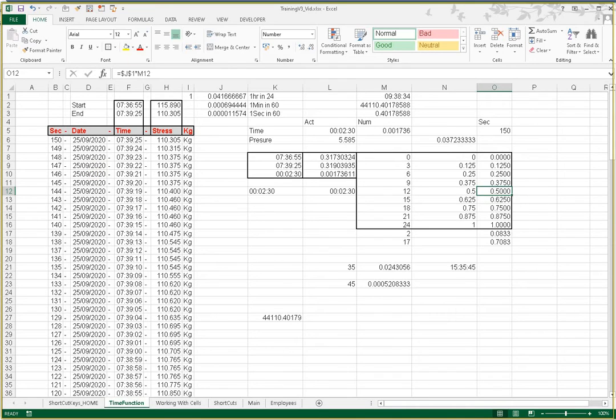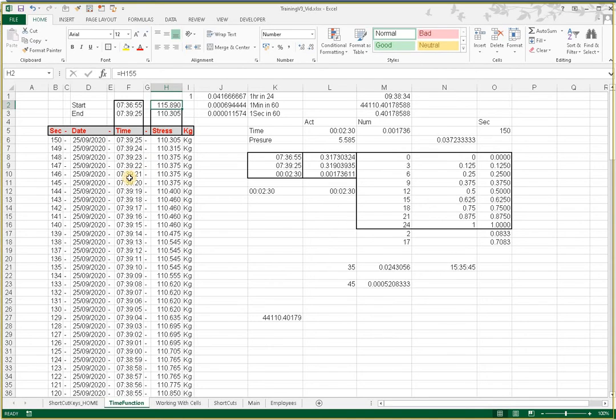In this test, we put a stress of 115.89 kilograms on the material, and it took 150 seconds to relax to 110.305 kilograms. So the difference in 150 seconds was 5.585 kilograms over the 2.5 minutes.